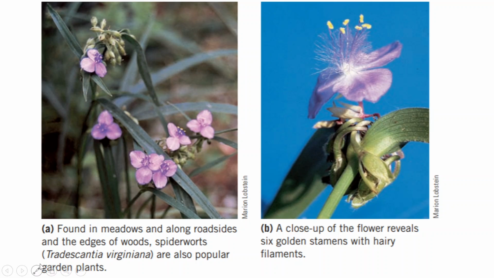Like Tradescantia is always written with a capital, and virginiana is a specific epithet, and it's written with a lowercase letter. So the specific epithet is not capitalized. Both names must be underlined or italicized. Like here, the font is italic.